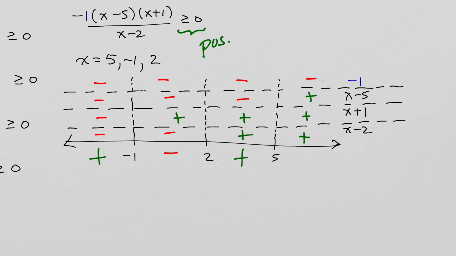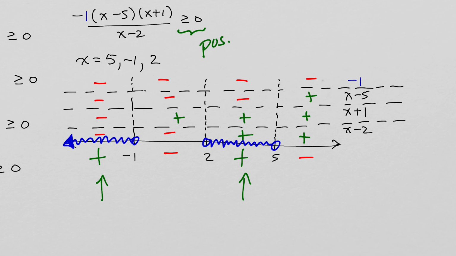And 1 negative, of course, makes a negative. So to get positive, we want this interval here and this interval here. And so that is going to be all the numbers less than negative 1 and also all the numbers in between 2 and 5.